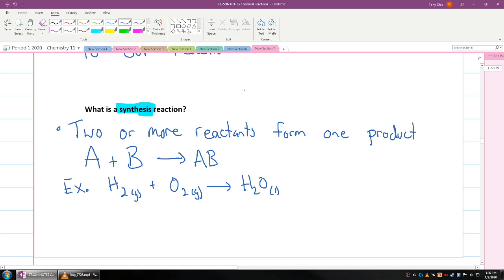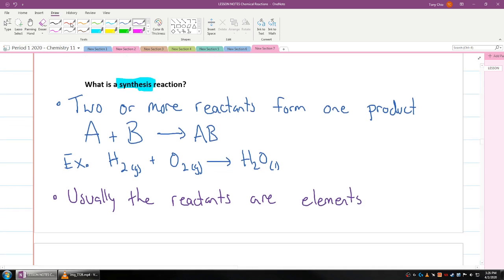Now, how can you figure out what your products will be, or if this is a synthesis reaction? A lot of times the reactants are usually elements. Okay, and the product is usually formed by these elements.